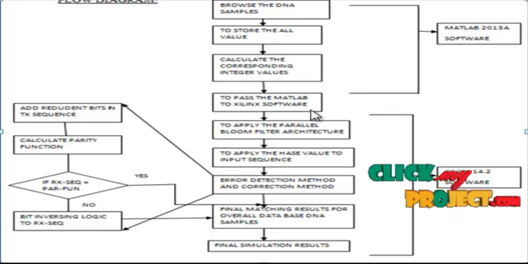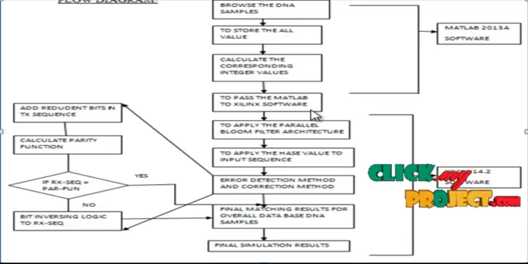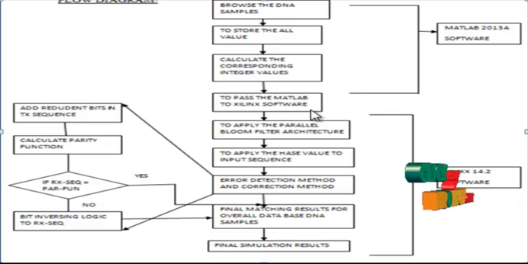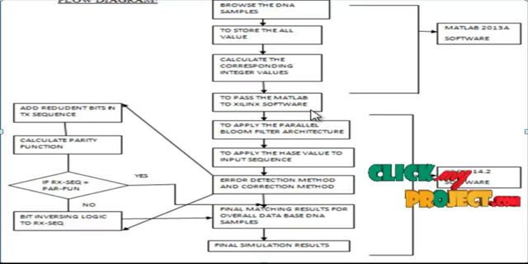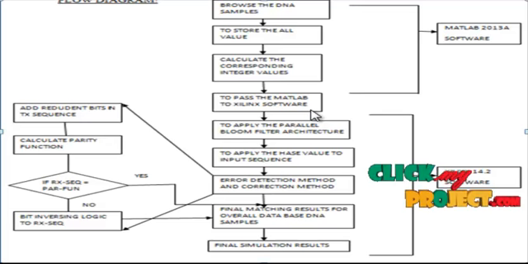Then we apply the correcting sequence, which is mainly based on bit inversion logic. The bit inversion logic corrects the receiver sequence and passes the final database. You can analyze this and get the final data character values in the Xilinx 14.2 software.